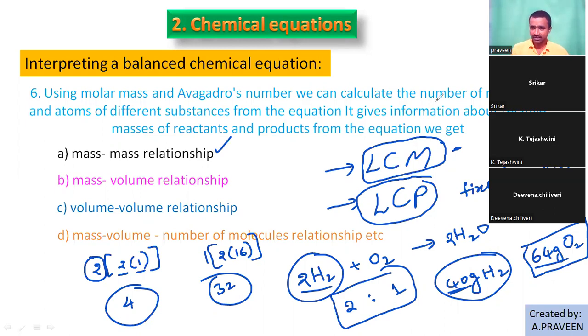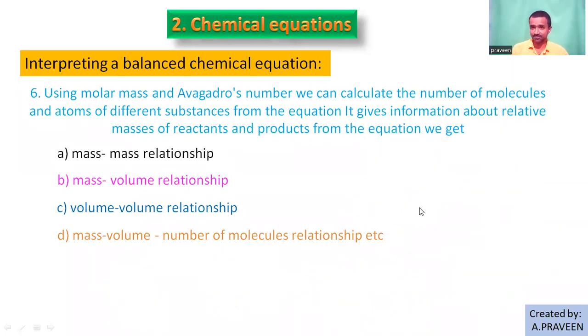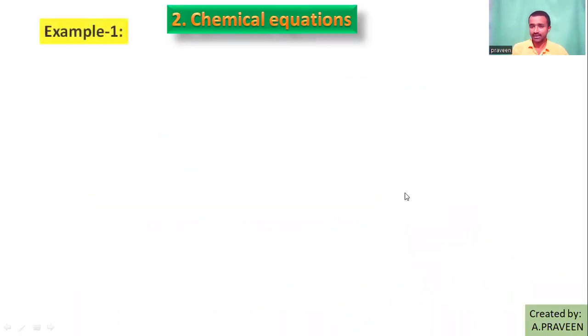So here, try to understand what is actually being asked in this question. Look at this question. In example 1, the reaction is given between aluminum and iron oxide, producing aluminum oxide and iron.